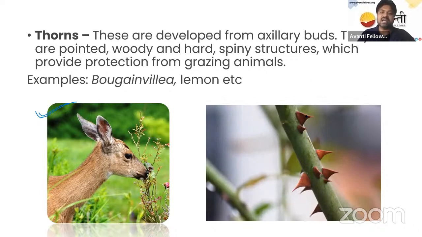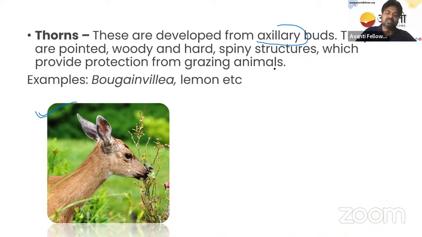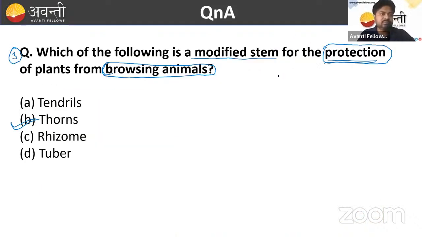And these are the thorns. These thorns are developed from the axillary buds. They have a hard spiny structure, which protects the plant. That's why the correct option here is thorns.